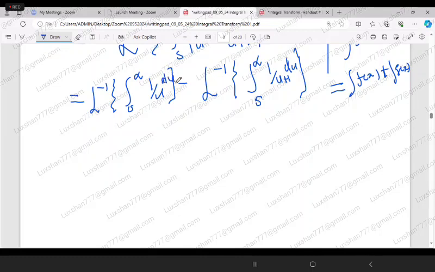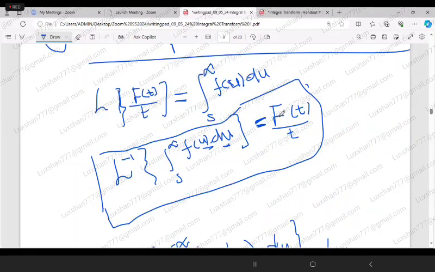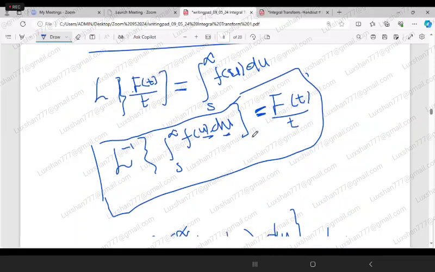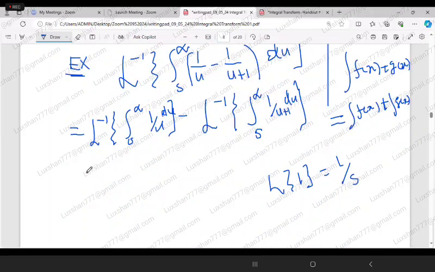So inverse Laplace transform of 1 over u is nothing but 1, no? Because the Laplace transform of 1 is equal to 1 over s, isn't it? Therefore, our f(t) is 1 and we have to divide it by t. So that is 1 over t.